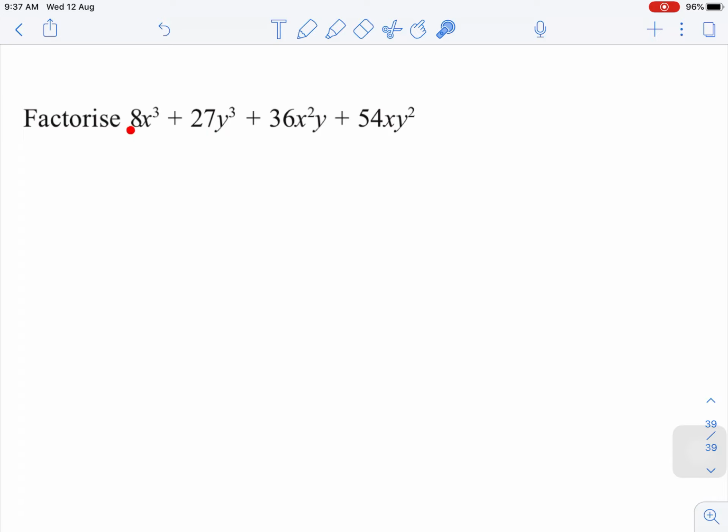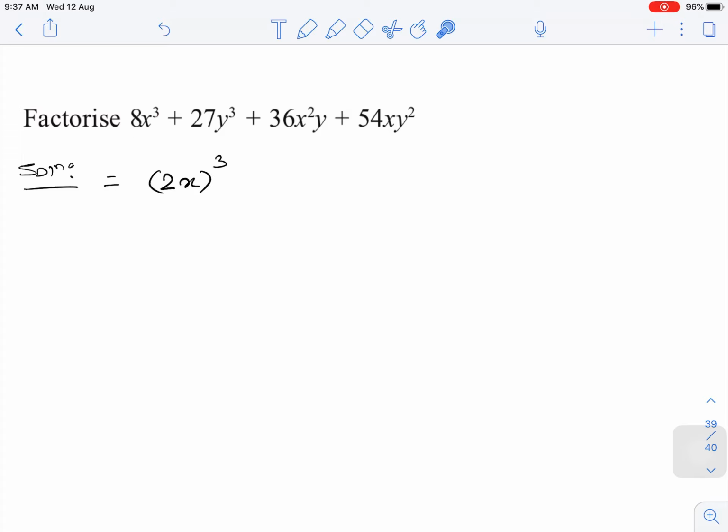Now here it is given in terms of cube, means the number adjacent to the variables must be a perfect cube. Okay, from there only you can get directly idea. So solution equals to, now this 8, it is what? A perfect cube of 2, so we can write it as (2x) bracket cube.